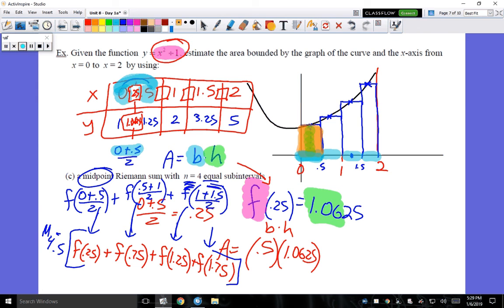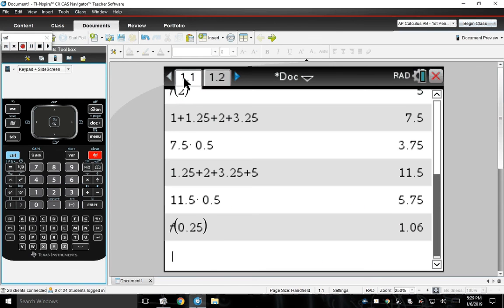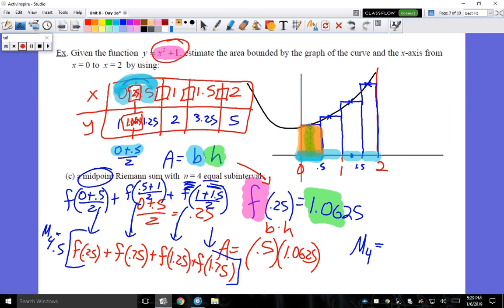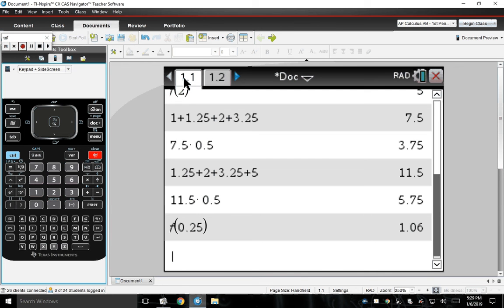Let's go ahead and get that midpoint sub 4. Control clear, and we're going to do 0.25 with jumps of 0.5. So f of 0.25 plus f of 0.75 plus f of 1.25 plus f of 1.75.